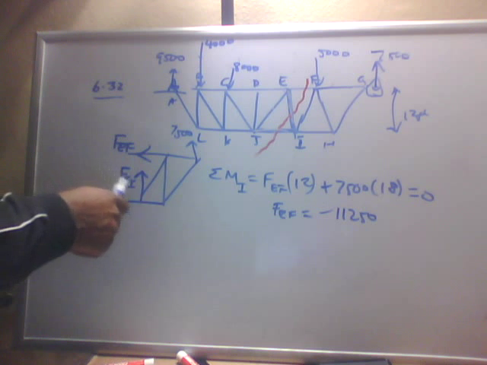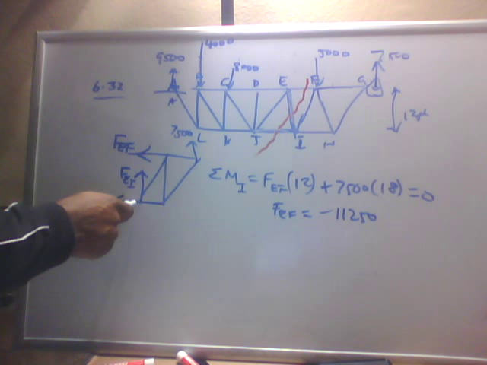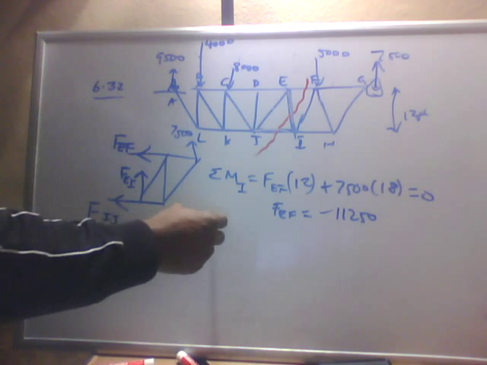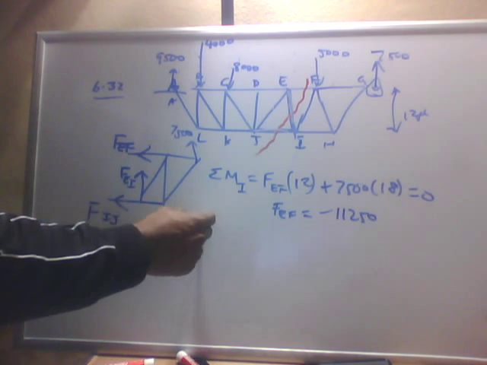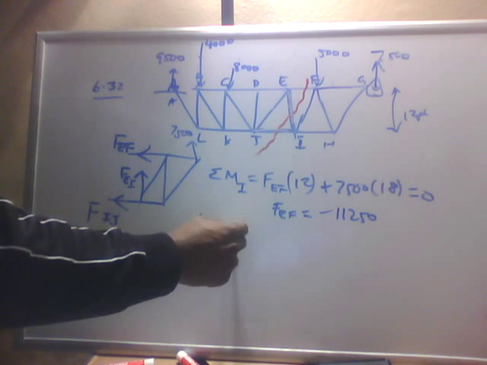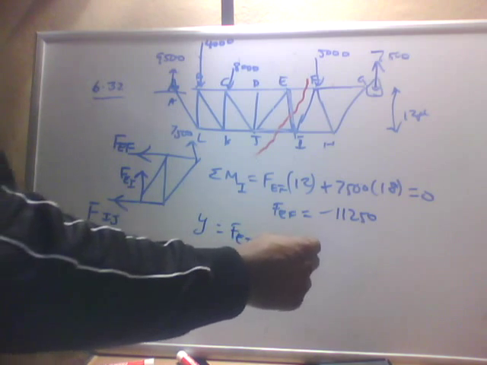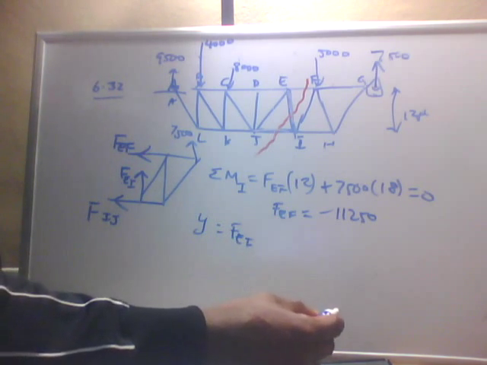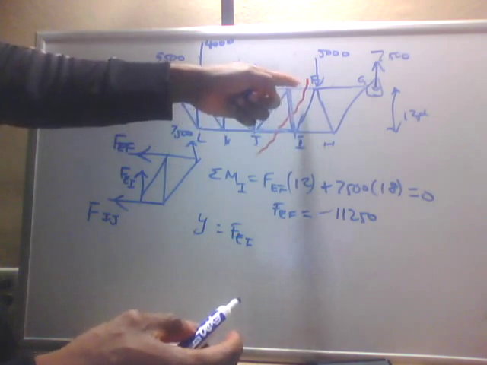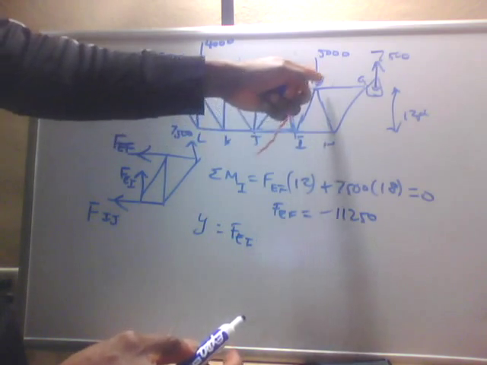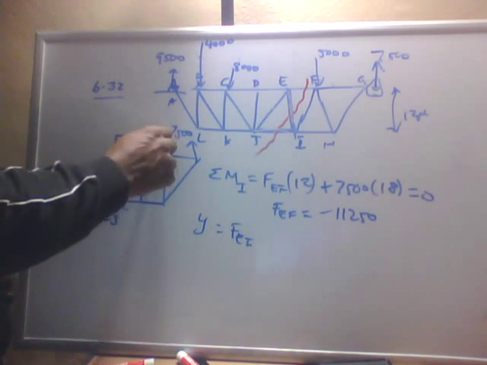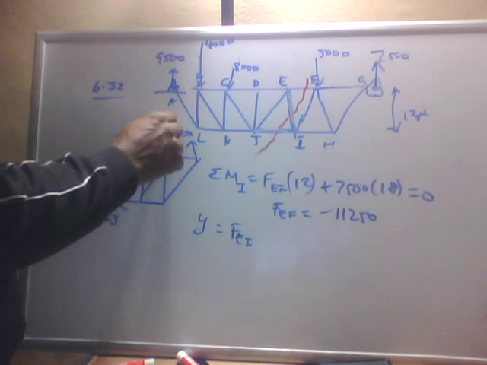I wasn't thinking. Okay, to get FEI, naturally I would want to do a Y balance because this is in X, this is in X, and I have 2 things in Y. So that's an easy choice right there. Oh, there's a 5,000 there. Snap.